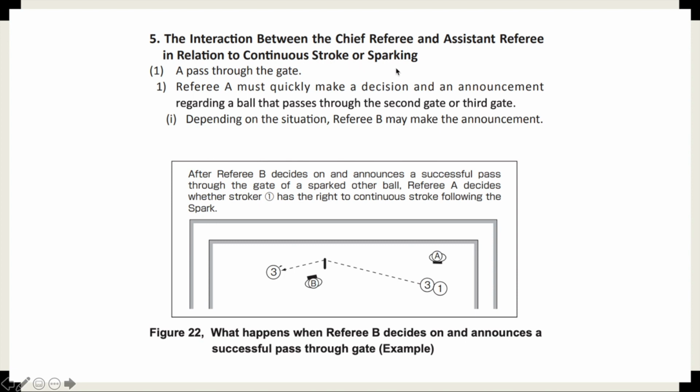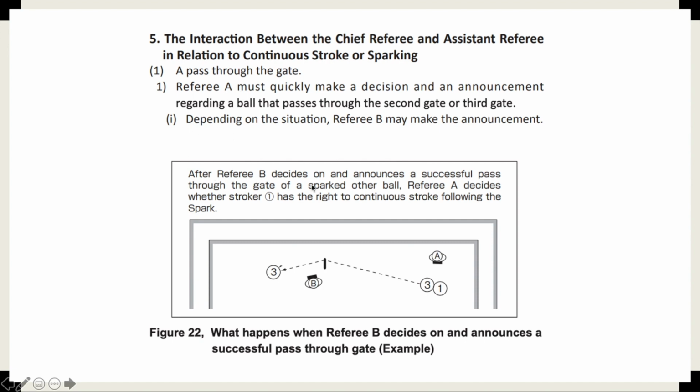Right, the interaction between the chief referee and assistant referee in relation to continuous stroke or sparking a pass through the gate. Referee A must quickly make a decision and an announcement regarding a ball that passes through the second gate or third gate. Depending on the situation, referee B may make the announcement. So the announcements may be interchanged depending on who's the closest.